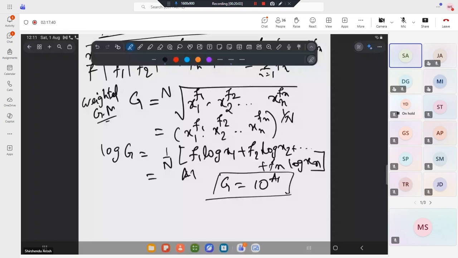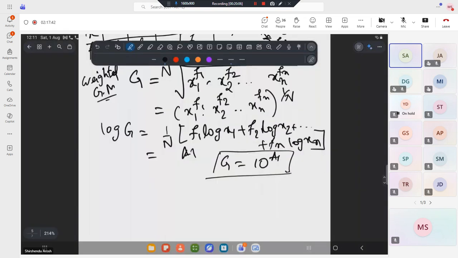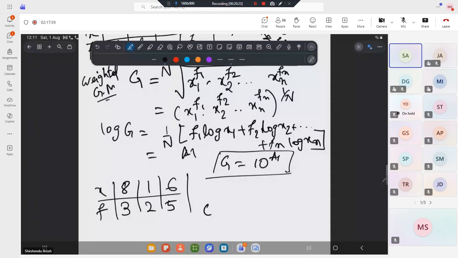So again, the standard numbers I have taken in the last example, let's take the same numbers. So if I take the x and f, it is 1, 2, 6 with the frequencies 3, 2, 5. So capital G in this case should be, let's find out, 3 plus 2 plus 5 is 10.